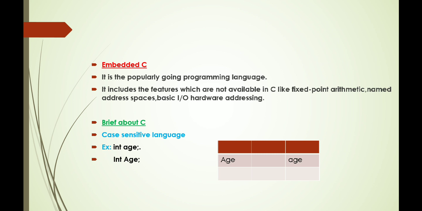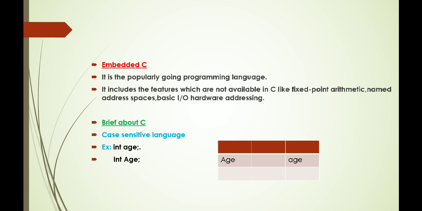Now let us discuss briefly about C. C is a case sensitive language. That means in C programming, the uppercase or capital letters are different from the lowercase or small letters. As you can see here, two variables are declared. The first one is int age, written in small letters, and the next one is written with a capital A. The computer will take these two variables as different.